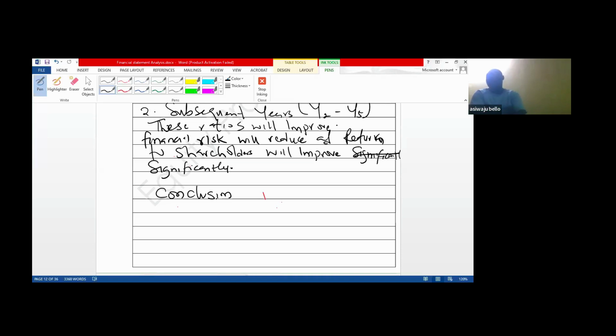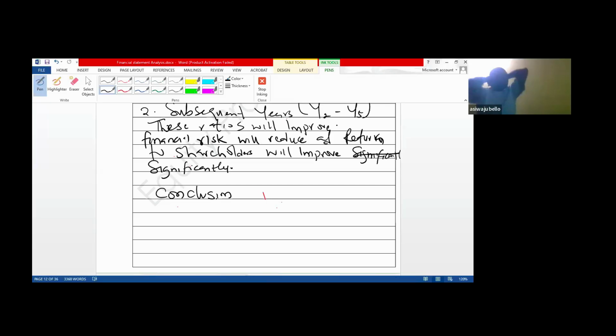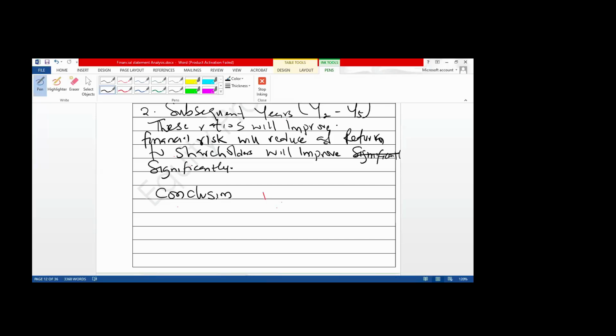Any other comments? I'm also in support that Eyiba should accept the loan on the condition that they change their dividend policy, and for the fact that the company wants to expand, and the expansion may, in the long run, bring more income to the shareholders.